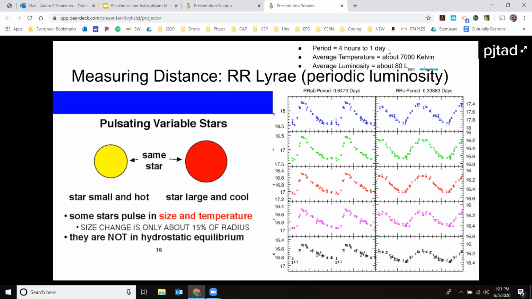So now when I look out into deep space, and I look at a galaxy and I see this thing oscillating and changing its brightness, guess what? I can compare it to a star that's close to us, and I now know how far away that galaxy is. Isn't that cool?